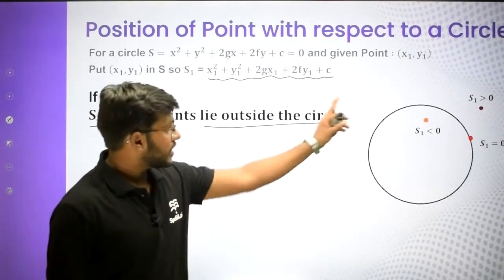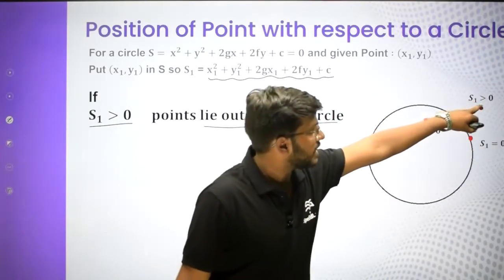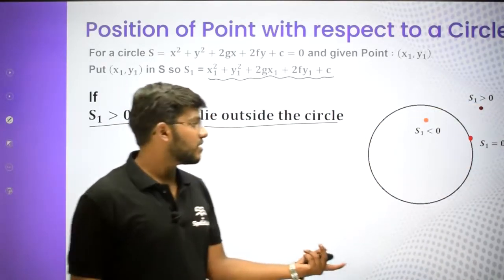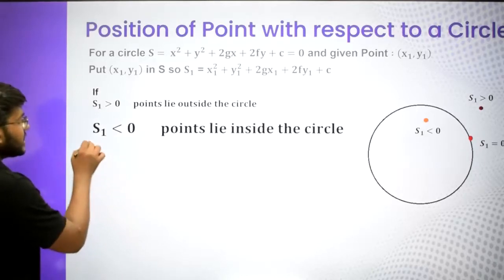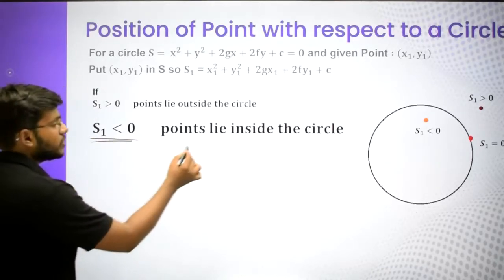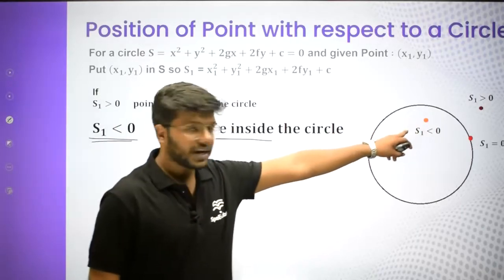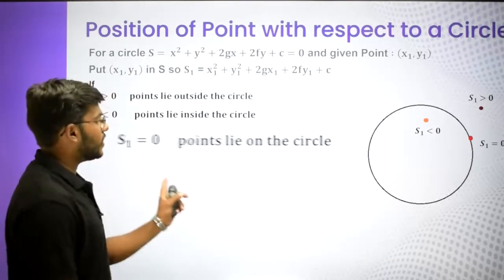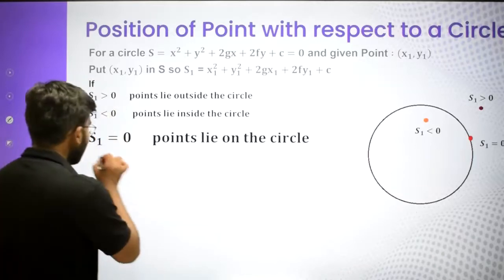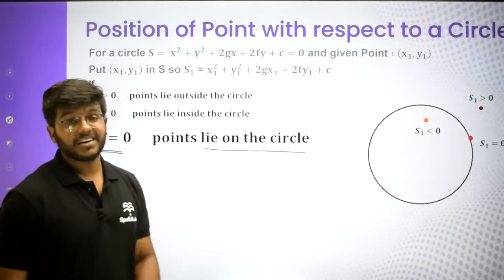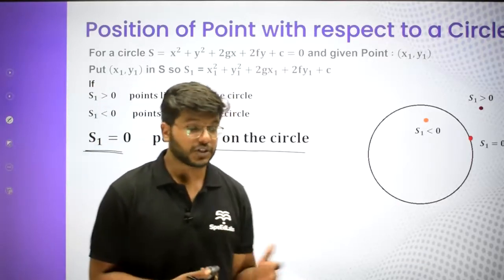Okay, so here you can clearly see, if you get S1 greater than 0, then you can say the point is lying outside the circle. Similarly, the second condition is if S1 is less than 0, then the point will lie inside the circle, all right, and if S1 is equal to 0, then the point will exactly lie on the circle. Okay, so these are the three important conditions of position of a point.